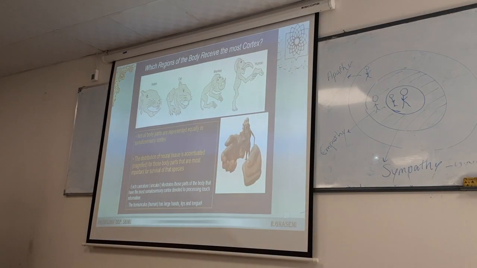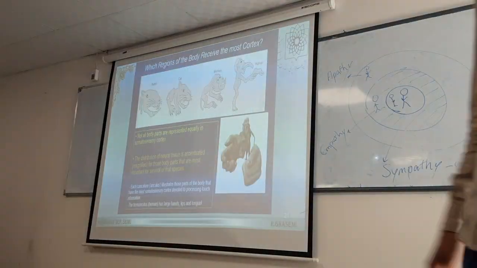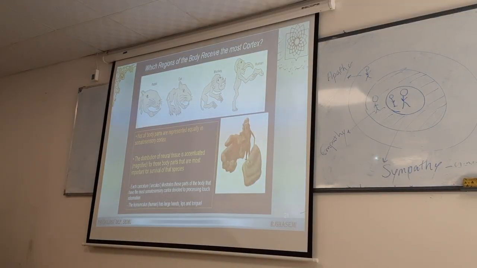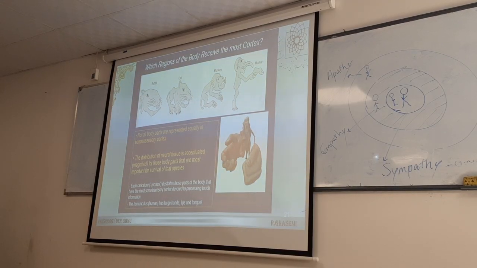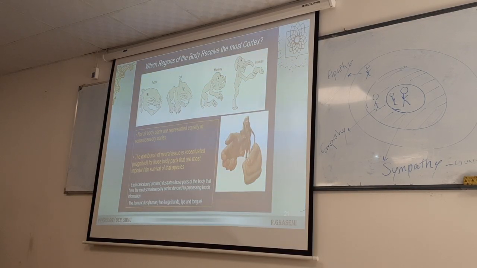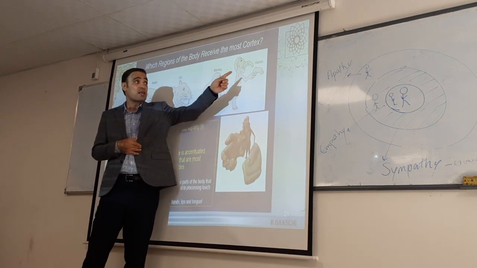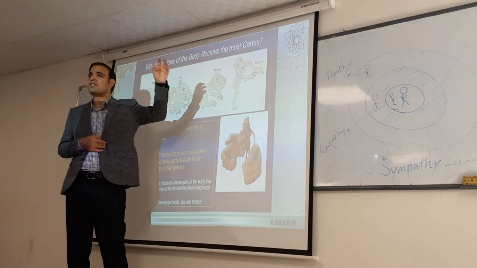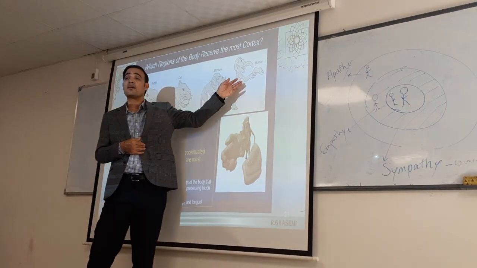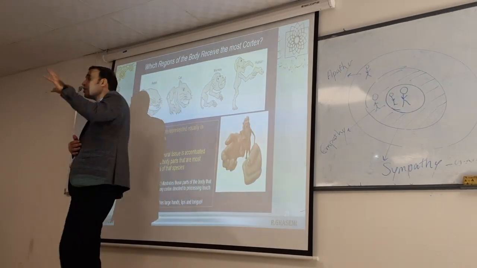It depends on the activity of our skin receptor. Therefore, in human, the hands, particularly fingers, particularly index finger, is more in use. Therefore, the receptors are more dense. Therefore, in the cortex, this area is represented in larger area.